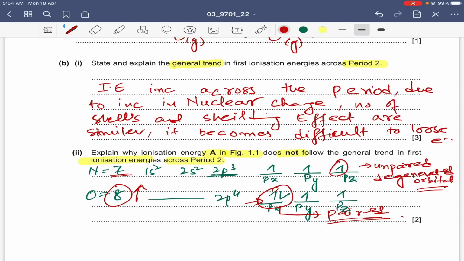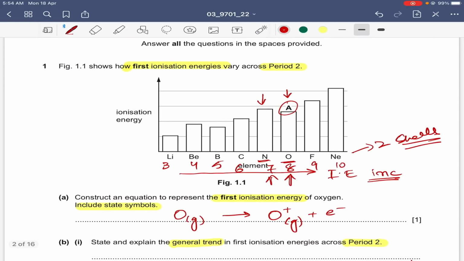And that is why the ionization energy of oxygen, or the energy required to remove electron from oxygen, is less as compared to the energy required to remove electron from nitrogen.